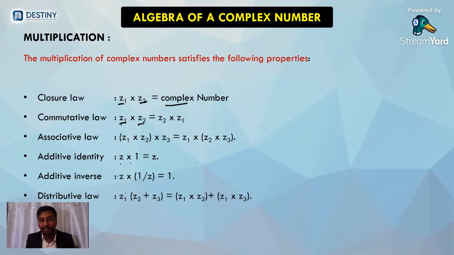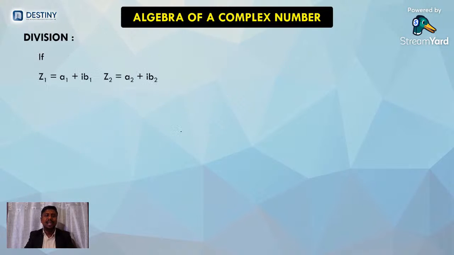As you have learned in numbers and polynomials and algebra, the same thing we learned, here also distributive law: Z1 into Z2 plus Z3 is equal to Z1 into Z2 plus Z1 into Z3. Yes, you can distribute equally. That's it.